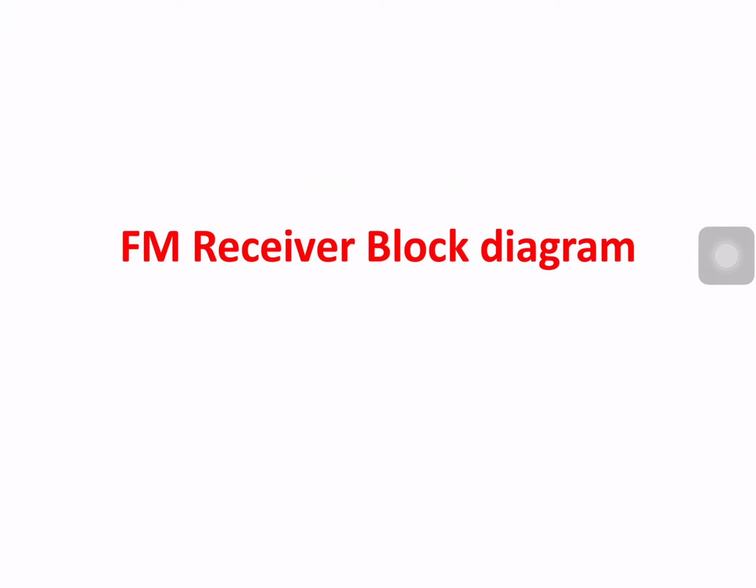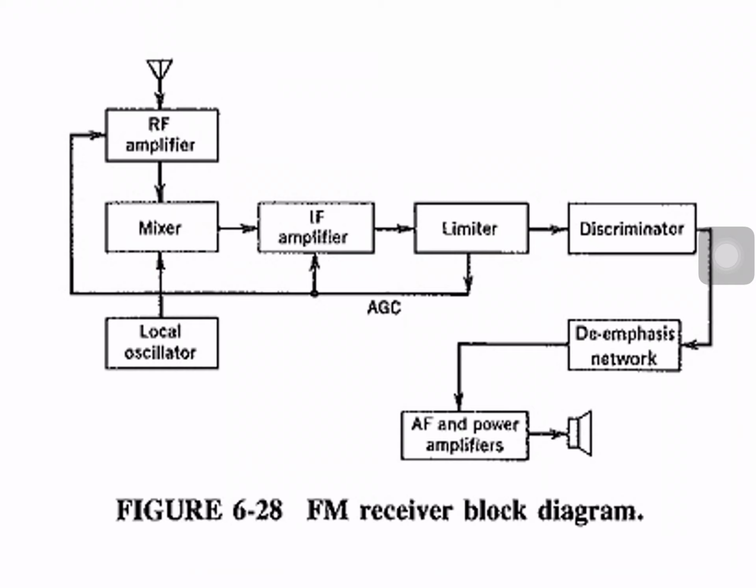Now let's go to the FM receiver block diagram topic. This is topic number 3.5. Let's see what the FM receiver block diagram is. See, here the FM receiver block diagram is shown. In the FM receiver block diagram, the basic thing at the receiver is that we need to have an antenna.